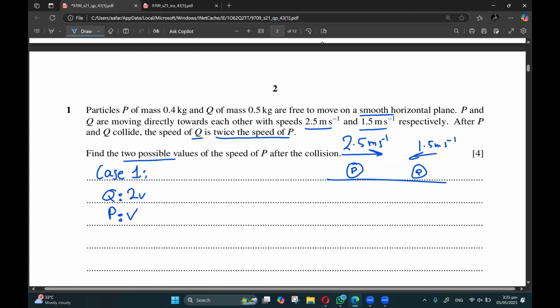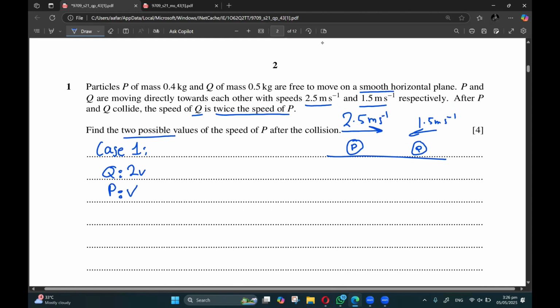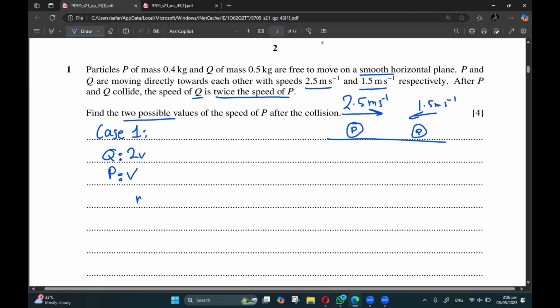That is the final velocity after the collision, where the speed of Q is twice the speed of P. So we know that by conservation of momentum, the initial momentum is equal to the final momentum.